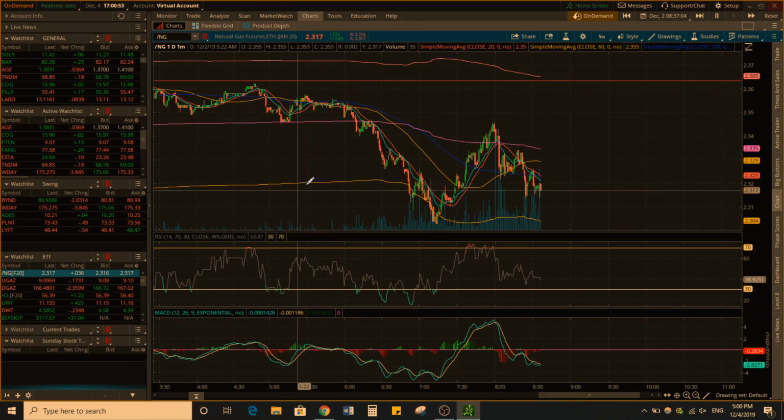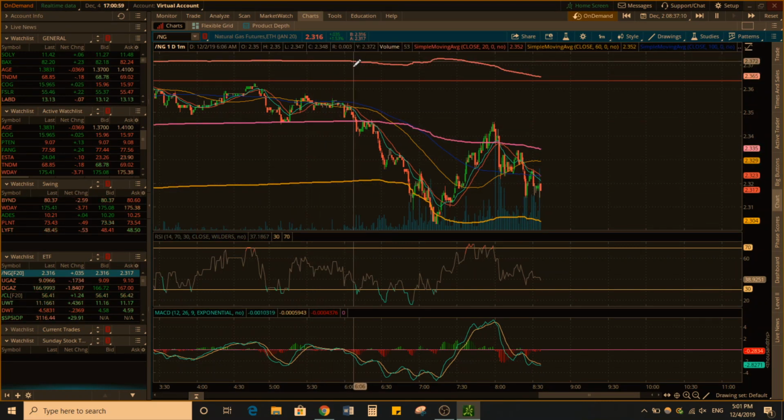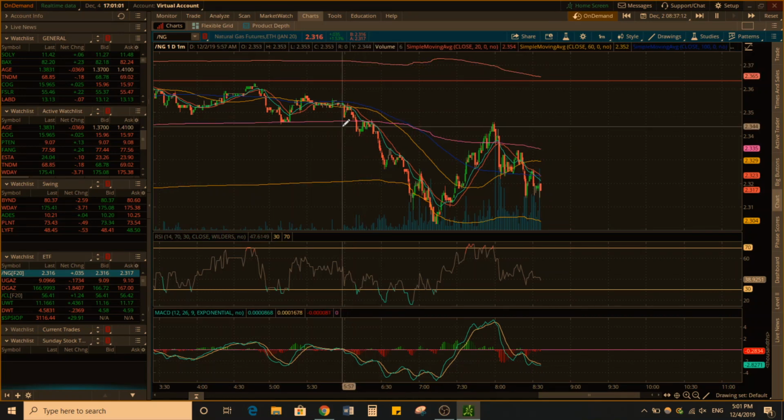Oh yes, and if I haven't said this before, these three lines, the yellow, the pink, and this goldish or pinkish color, are the VWAPs, and they separate the stock into two sections. When it's at the bottom, it's more likely than not a downtrending stock.